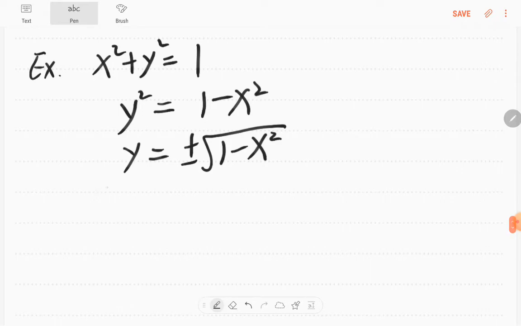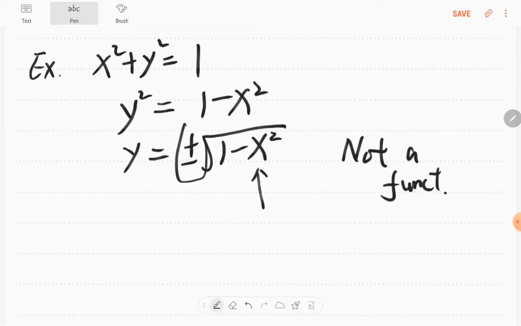So in other words, this is not a function. The reason is that for each input x, there are 2 outputs corresponding to it. One is the positive one, the other is the negative one. So this is not a function, because of the plus or minus sign here.